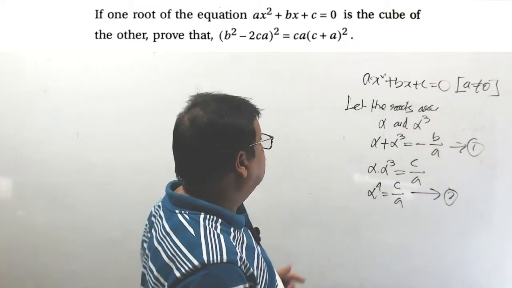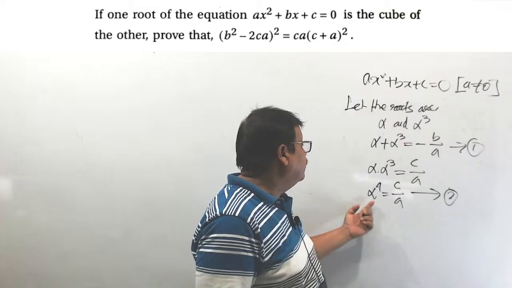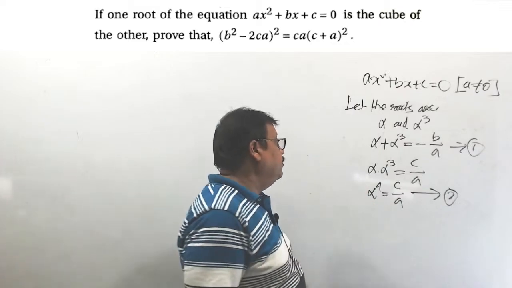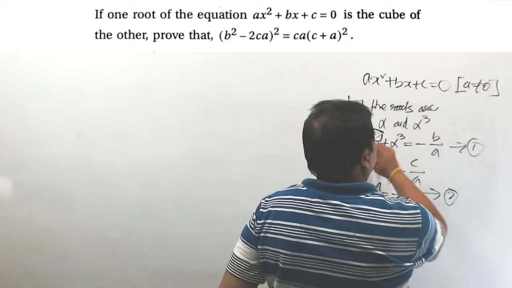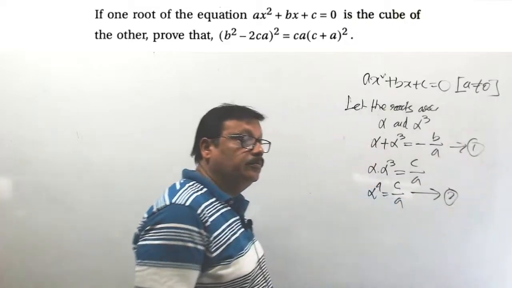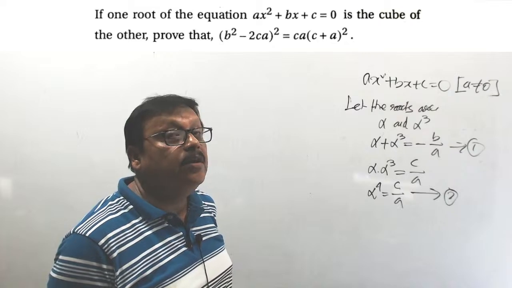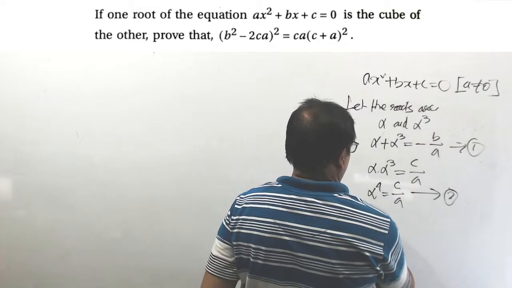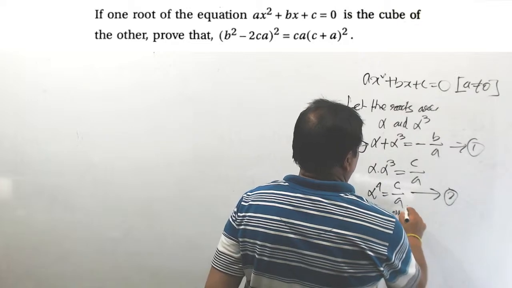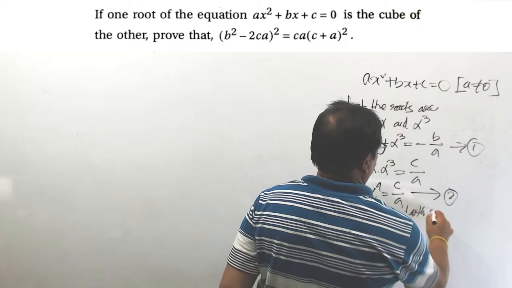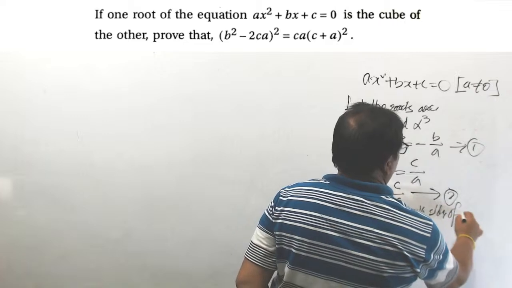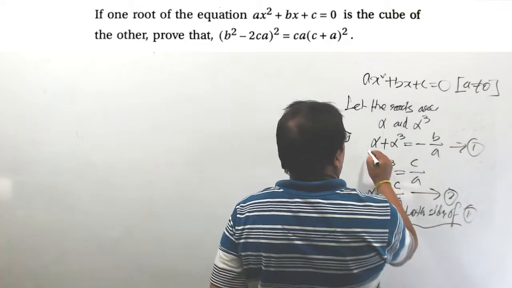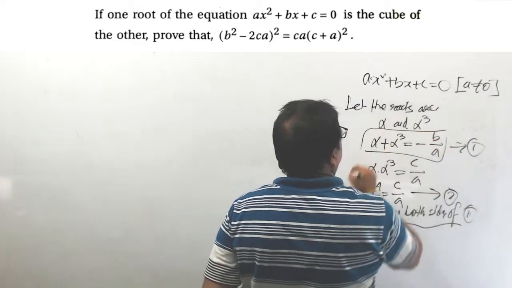How will you put the values of alpha to the power 4? That is, কিভাবে তুমি আলফাটাকে eliminate করবে? How will you eliminate? Squaring on both sides of 1. Square করে দাও. Squaring on both sides of 1. এটাকে both sides square করে দাও.